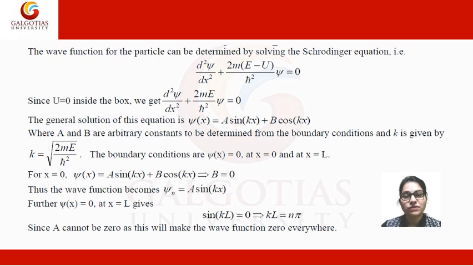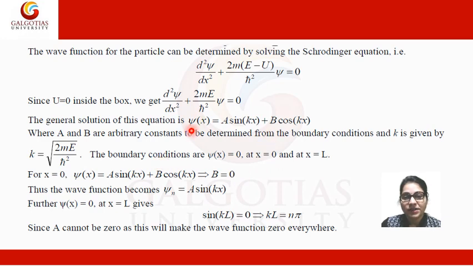When we solve this second order differential equation, the general solution is psi(x) equals A sin kx plus B cos kx, where k equals root of 2mE upon h cut square. Now in the general solution, there are two arbitrary constants A and B.